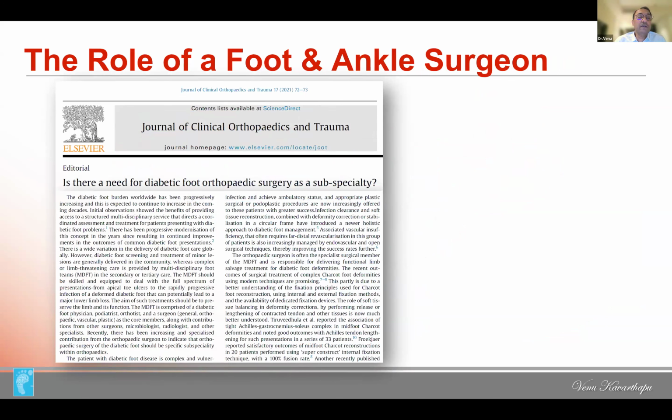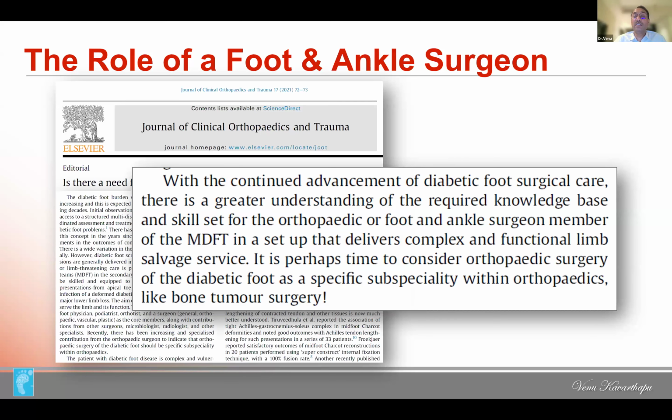And this editorial was done by a colleague and me, and in fact, that journal editor, Dr. Shaw, is also in the group here. So what we'd like to emphasize is that there is a massive shift towards an increasing role of an orthopedic surgeon in a diabetic foot multidisciplinary foot team globally.